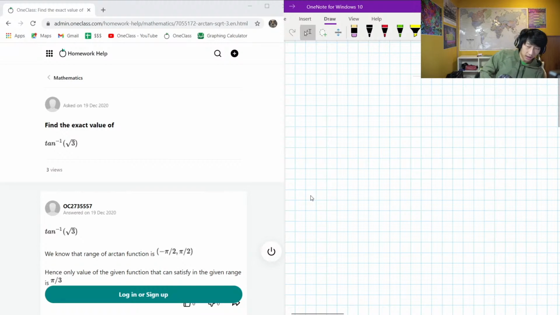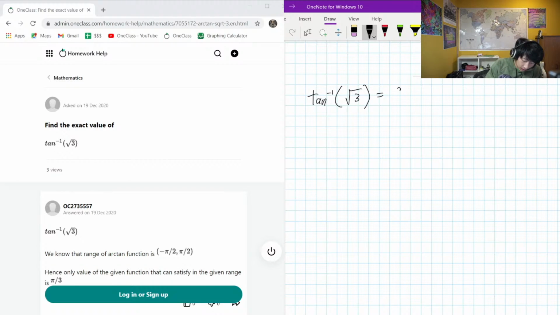Okay. This is the next question that we have on the menu today, and it's asking us, how do we find the exact value of arctan, or inverse tan, of root 3? So tan inverse of root 3, or arctan.